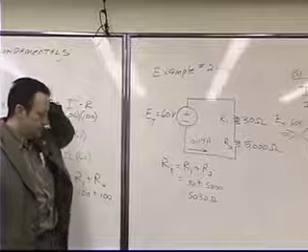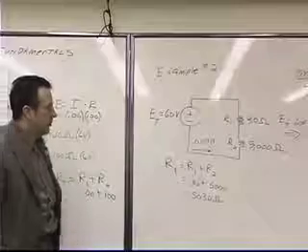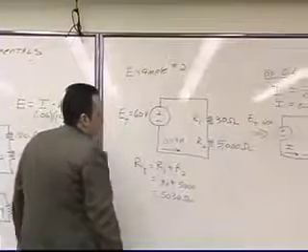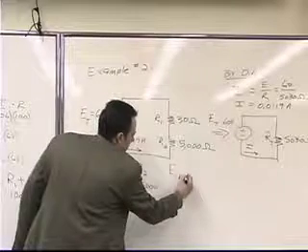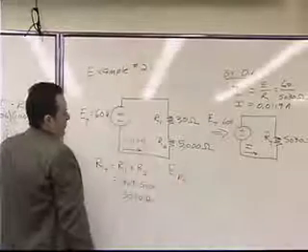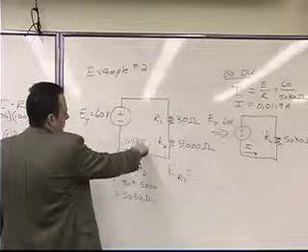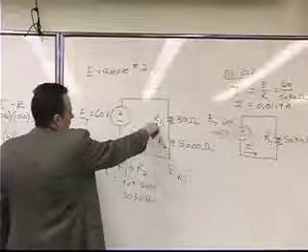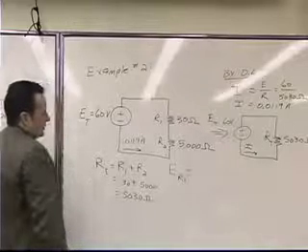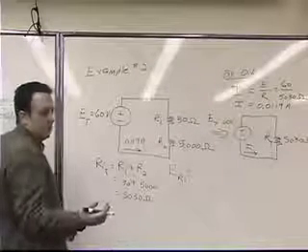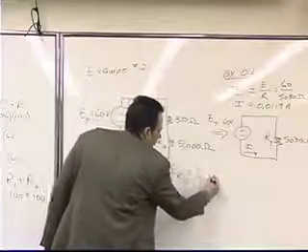Now, using Ohm's law, what would the voltage drop across resistor 1 be? Well, if we know the current and the resistance, what would the formula be? Voltage is equal to current times resistance.